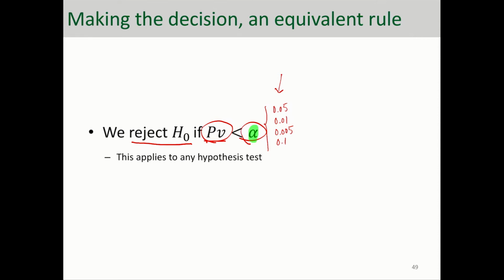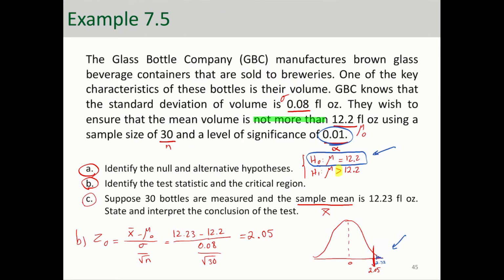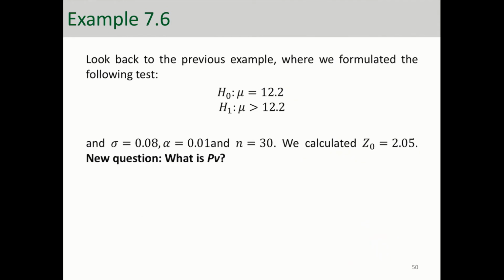So for the same example that we had here, we're going to calculate the p-value. The example had these two hypotheses, the standard deviation was 0.08, alpha of our test is 0.01, sample size 30. And if you remember, we calculated the test score before.